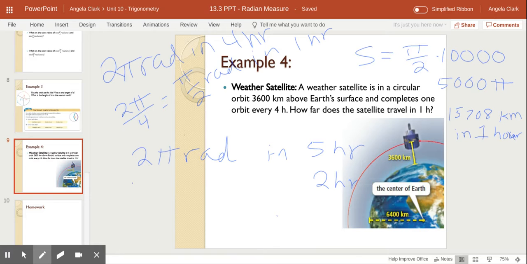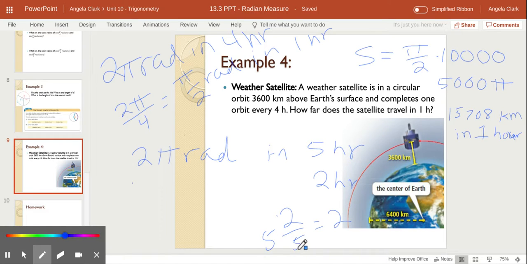Well, if I multiply 5 by 2 over 5, 5 times 2 over 5 equals 2, because the 5's cancel. So if you're not sure what to multiply by or divide by, you could set up 5 times what equals 2 and then figure out that it's 2 over 5 because you need the 5's to cancel.